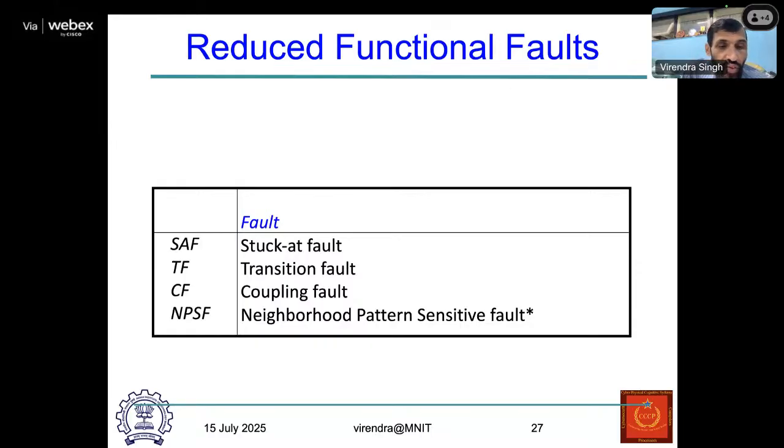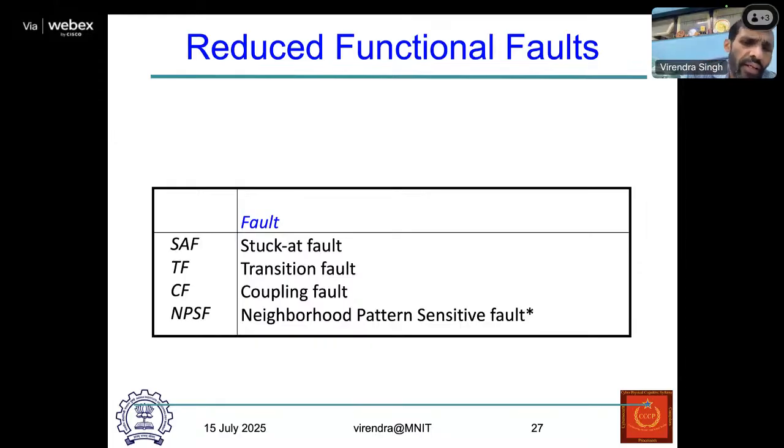I can apply it to a complete cell, like here in SRAM, that is back to back connected inverters along with the access transistors. So the entire cell can be stuck to logic 0 or logic 1. If there are n storage cells, there can be 2n stuck at faults, right? I believe everybody would agree on this.